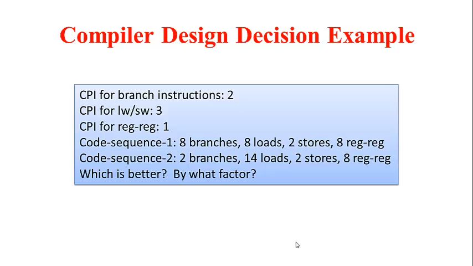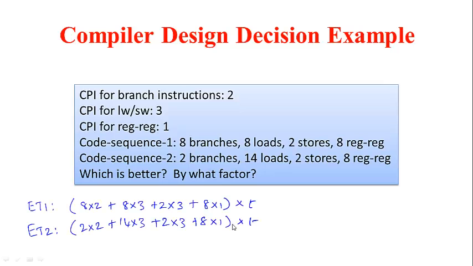The compiler is considering 2 options for translating a higher level language code segment into assembly language. In code sequence 1, there are 8 branches, 8 loads, 2 stores, and 8 register instructions, and different sets of numbers for code sequence 2. In this situation, which code sequence is better and by what factor?